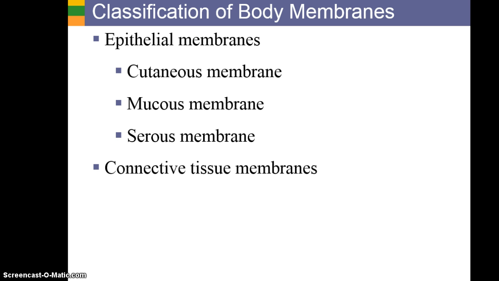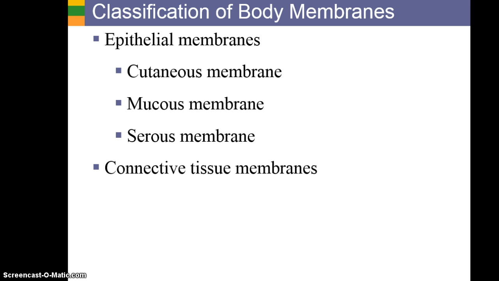Okay, for our next section dealing with classification of body membranes, we have already talked about the epithelium and the role that it plays within your body. Generally, as we've talked about, it deals with coverings, linings, absorption, secretions, things along those lines. So we should have a foundational understanding of what epithelial tissues do, very similar to the characteristics associated with membranes. But let's classify that membrane into 3 different components.